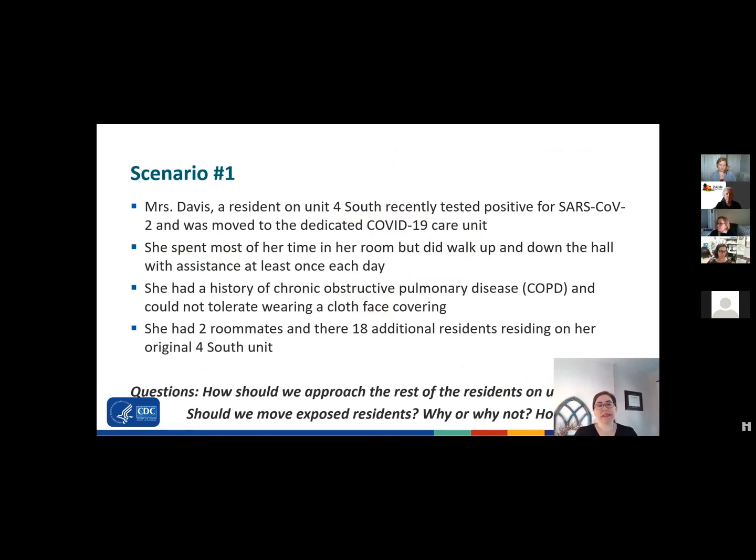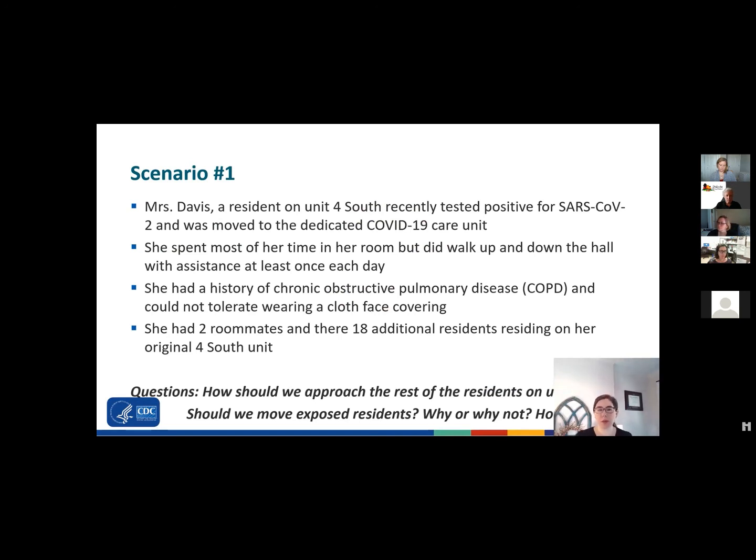So Mrs. Davis is a resident on Unit 4 South, and she has recently tested positive for SARS-CoV-2. And so you've now moved her to the area of your building that you have dedicated for residents with COVID-19. So a little bit about her.